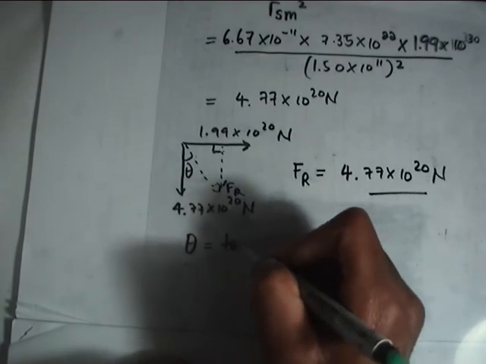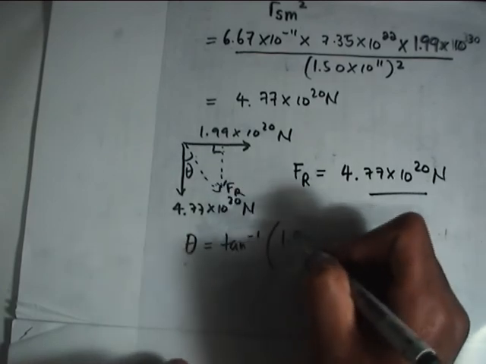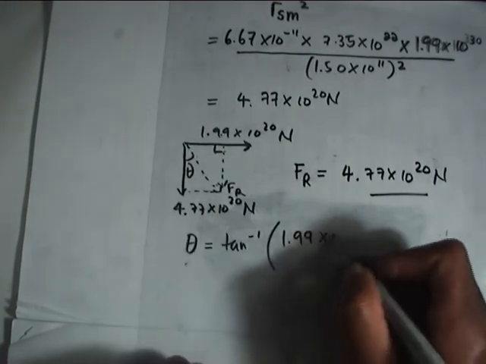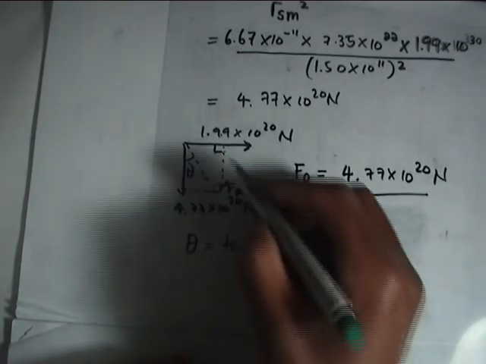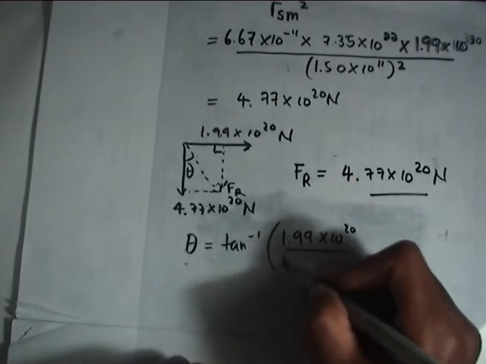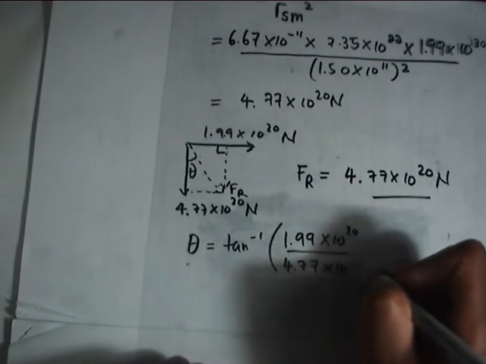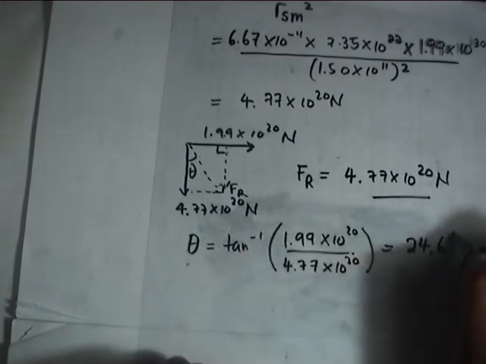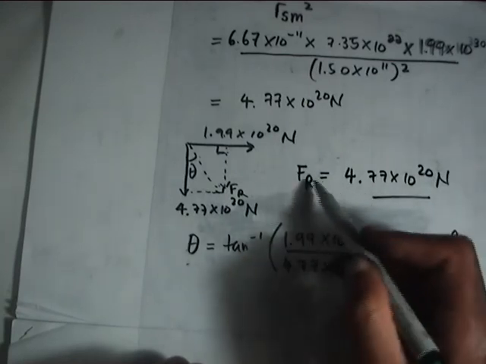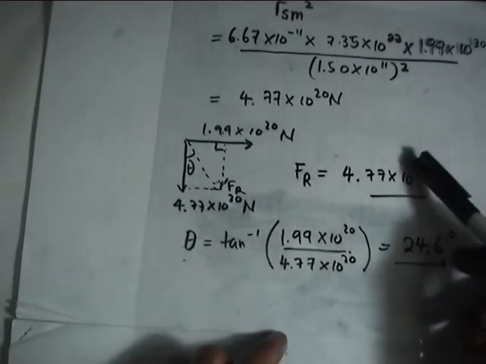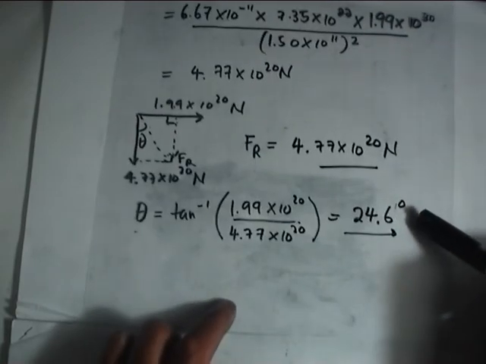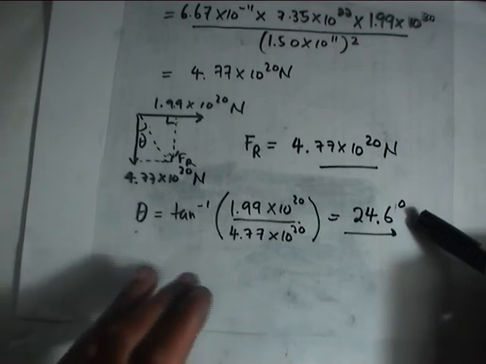Theta will be equal to arctan of 1.99, which is the opposite side, times 10 to the power of 20, all over the adjacent side, which is 4.77 times 10 to the power of 20. When you punch this in a calculator, you get 24.6 degrees. So the overall force is 4.77 times 10 to the power of 20 newtons at a direction 24.6 degrees to the direction of the sun.